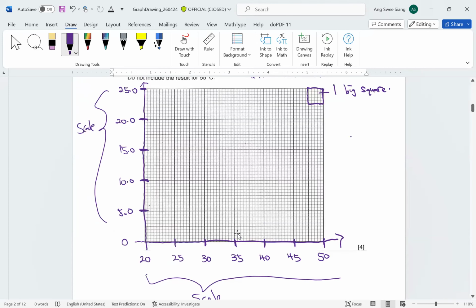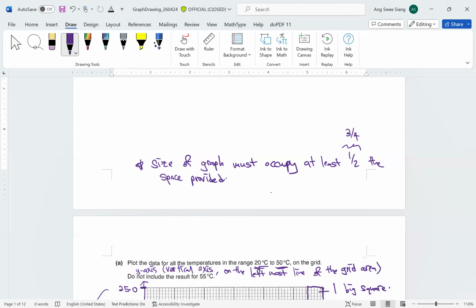That would be even better. But bare minimum, you should aim for at least covering half of the x-axis and y-axis.